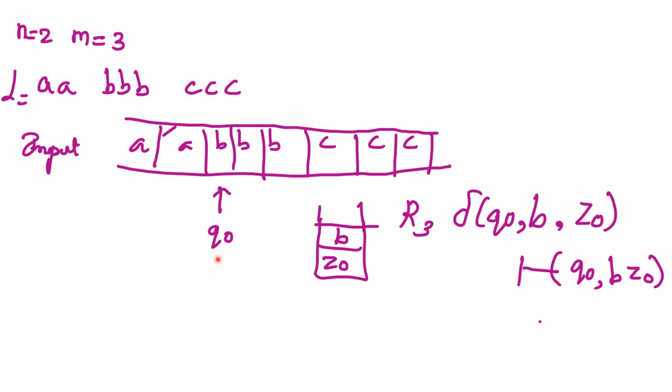Again, if you are reading Q0 B, you can push the element into the stack. Next you may change to Q1 also, otherwise you have to maintain the same state, no problem.